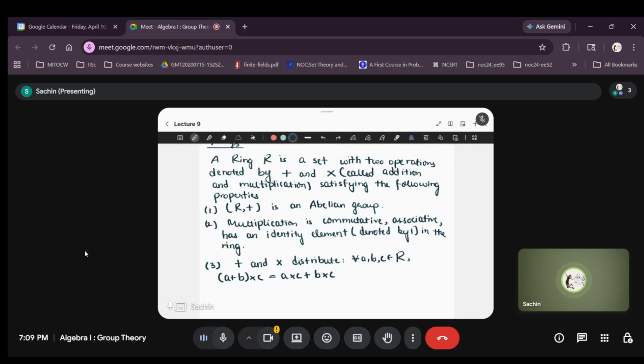There can be non-commutative rings with identity also. You can include or exclude the identity, and you can include or exclude the commutativity of multiplication. Those types of things are also called rings in other branches and in other textbooks.